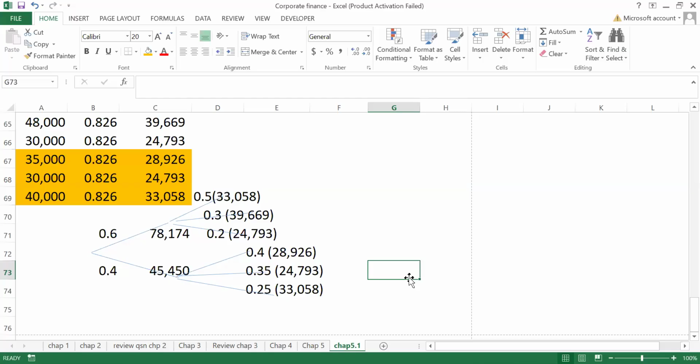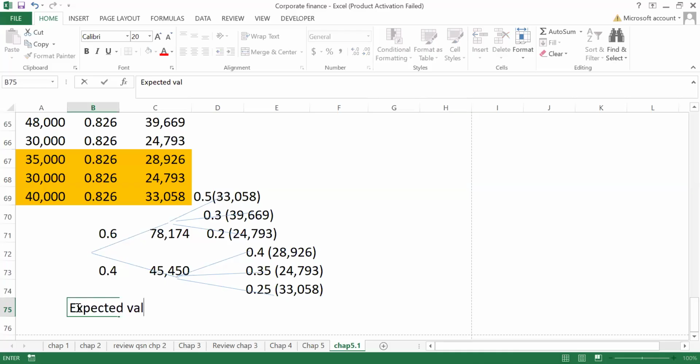So what comes next is to determine the expected value. So what is the expected value if the economy is good? That's the first thing. Remember we move from right to the left.